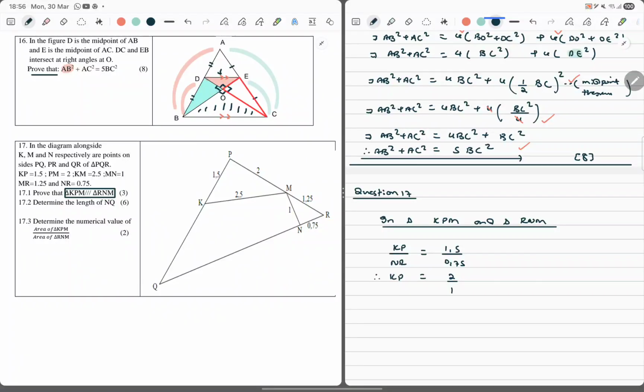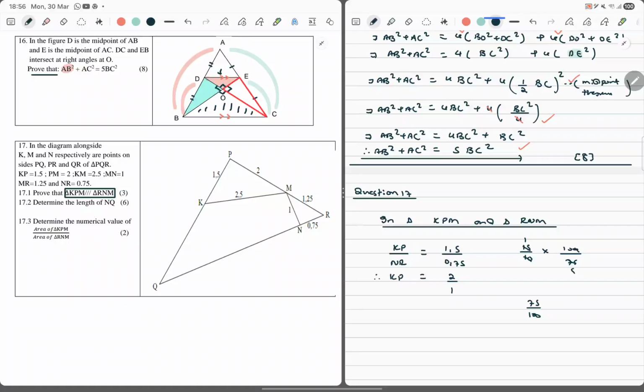Where's my calculator? This is 75 over 100. And then this is 15 over 10, isn't it? So 15 over 10 divided by this is going to be the same as multiplying by 100 over 75.